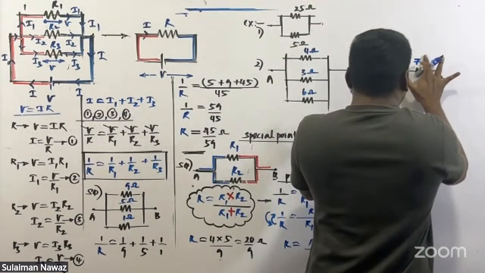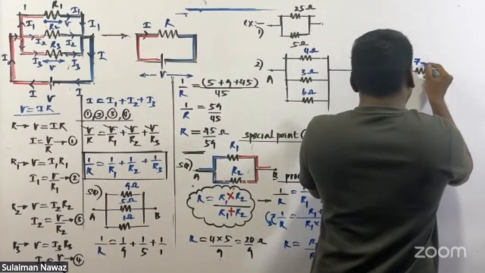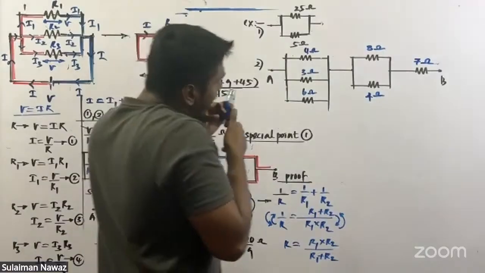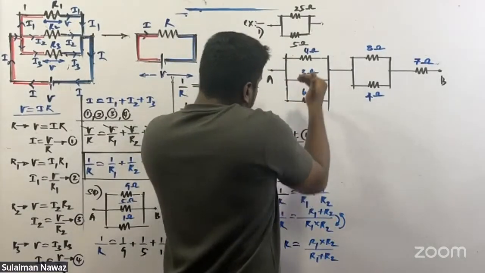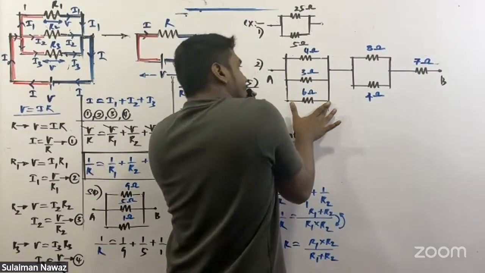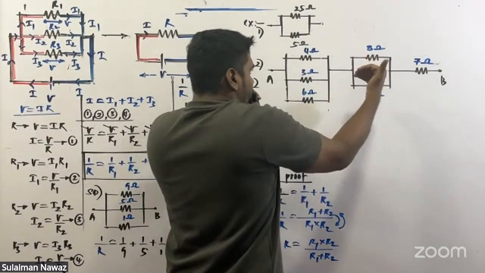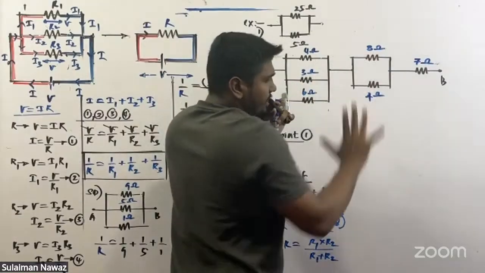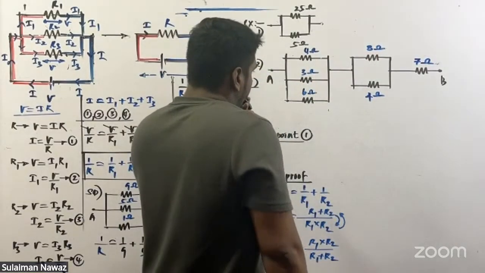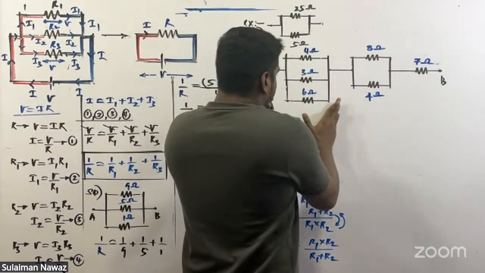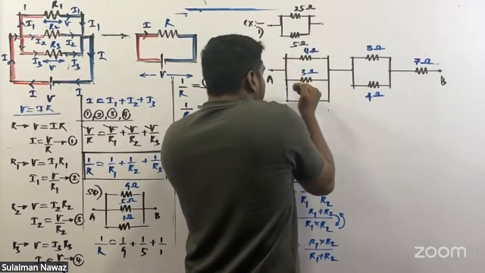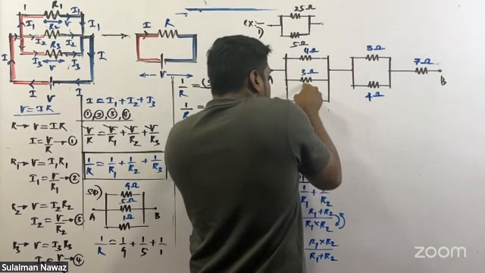Now we notice that in this resistor system, there are some resistors which seem to be in parallel and some which seem to be in series. My advice is to just consider this 3 resistor system.